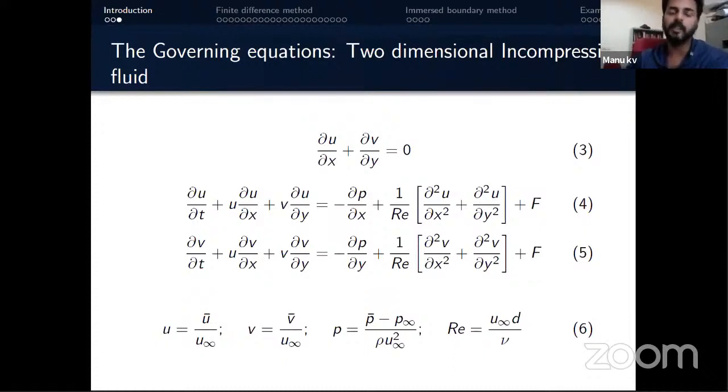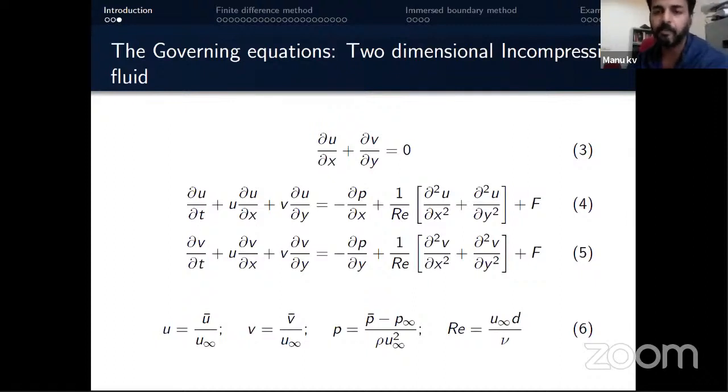This is the non-dimensional governing equation. The first equation, 3, is the continuity equation, and 4 and 5 are the momentum equations in the x and y directions. Today I'll give some introduction to solving this set of equations using an immersed boundary method in combination with a finite difference scheme.